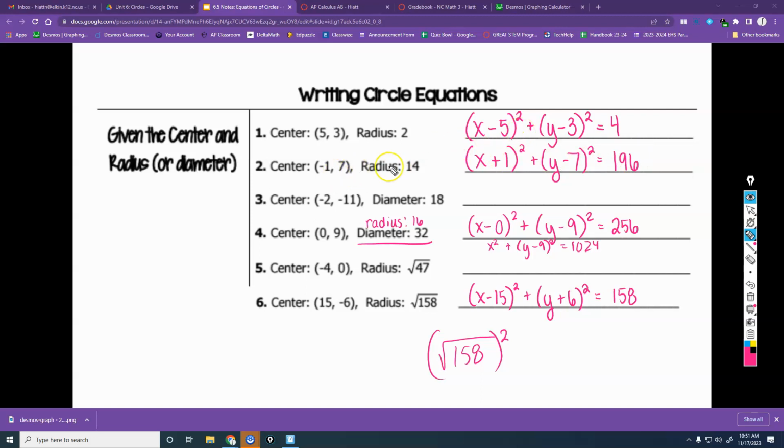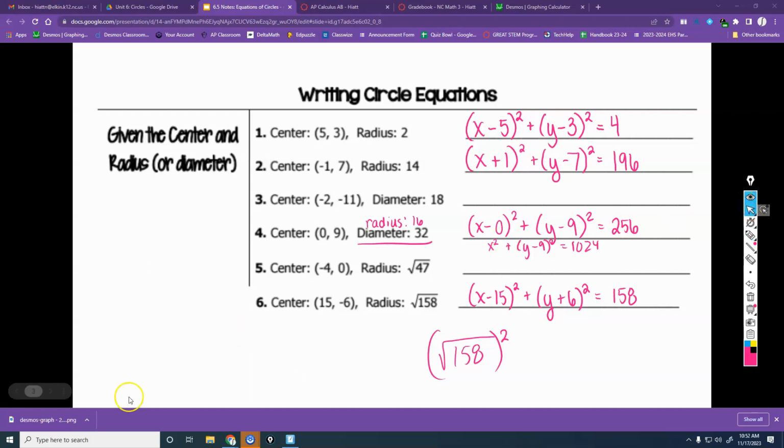For 14 right here, we squared it and got 196. This one's a little different because it's a square root to begin with. So we are taking the square root of 158 and squaring it, which gives us the 158 that we put here.